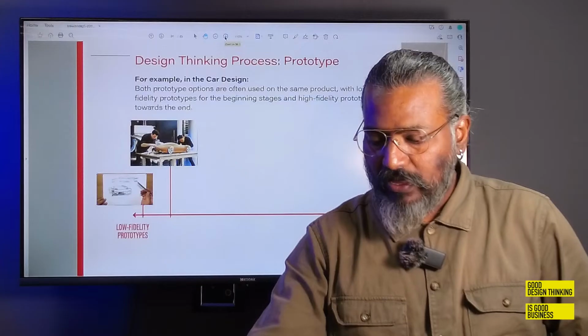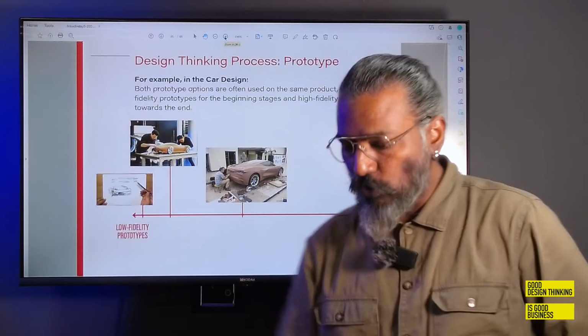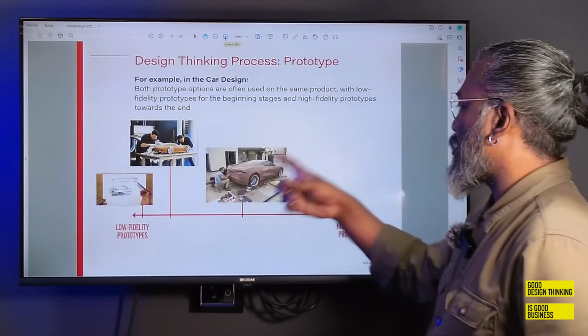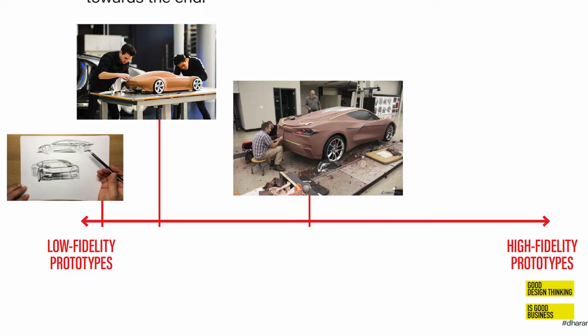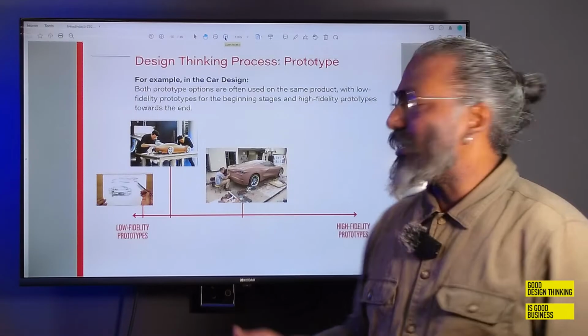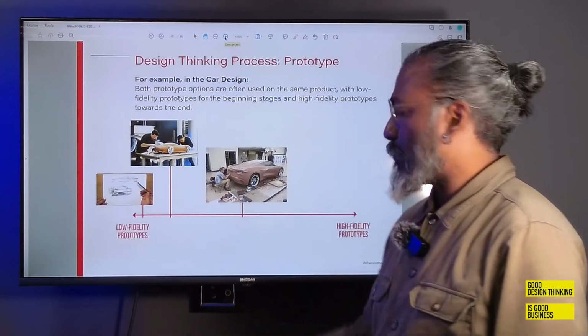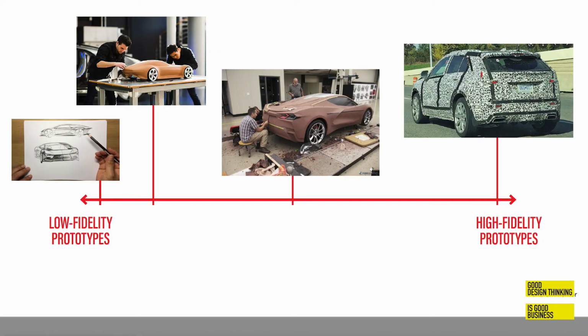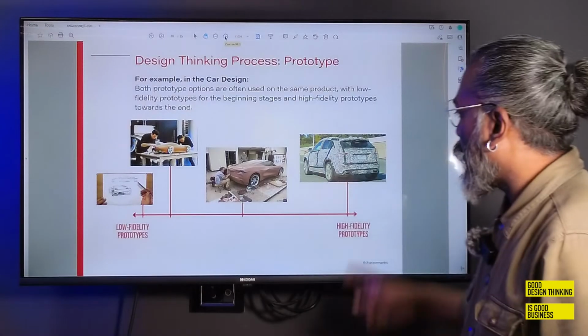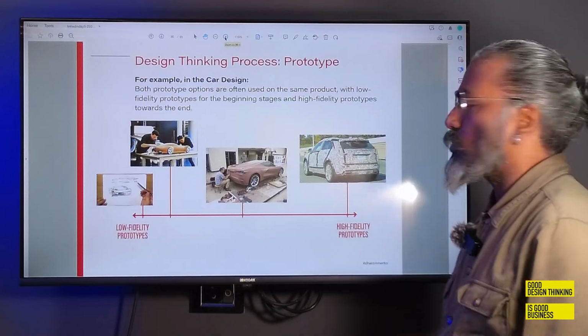Then you move towards doing it in actual size, because now you want to see the area or volume it takes and how the wheel or tail light fits. And finally, you will make a functional prototype.